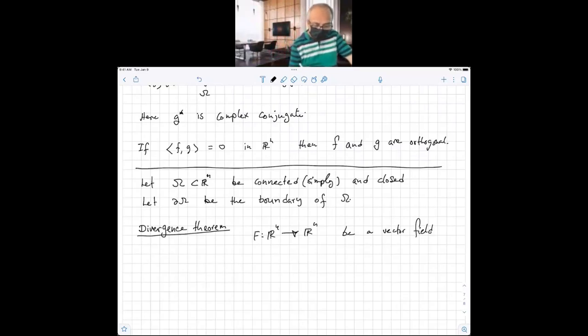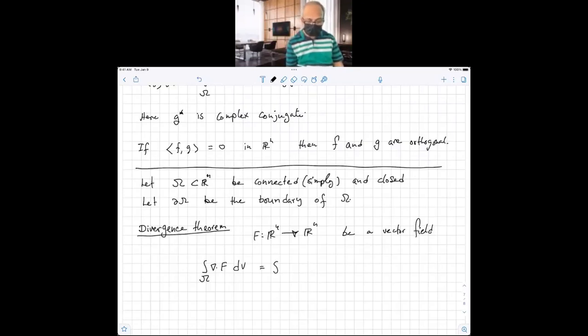So the divergence theorem states that if I integrate the divergence of f over that domain, in vector calculus I used three integrals, three-dimensional. Here I don't want to use an n-dimensional symbol, so one symbol omega is n-dimensional.